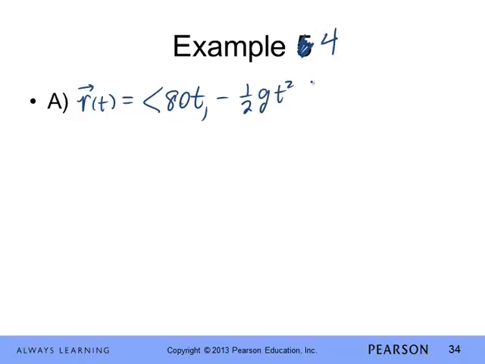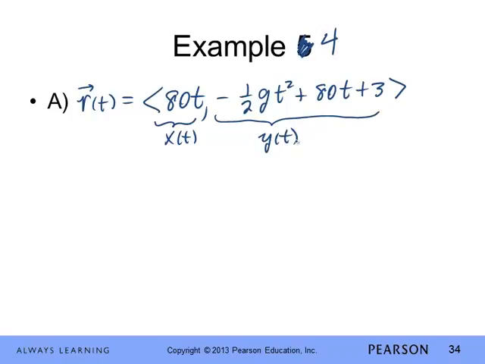We'll leave g as it is; it's some constant, the acceleration due to gravity. Plus v sub 0, which is 80, and y sub 0 is 3. So there's our position function. Remember that 80t is your x coordinate as a function of t, and negative 1/2 g t squared plus 80t plus 3 is the y coordinate as a function of t.